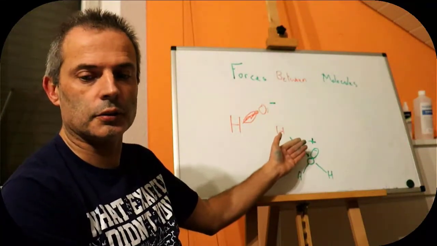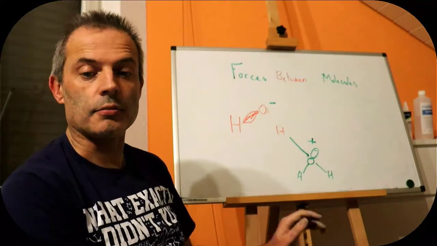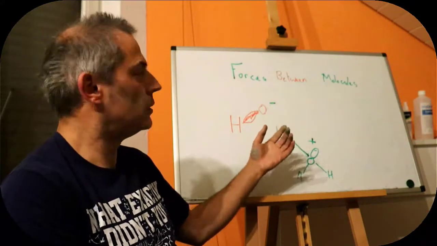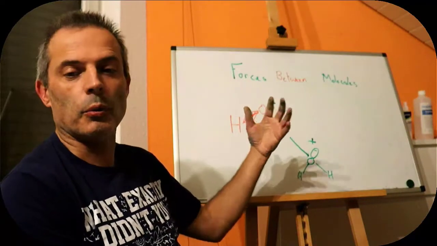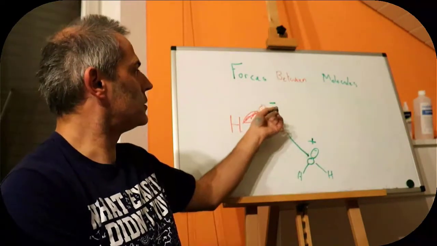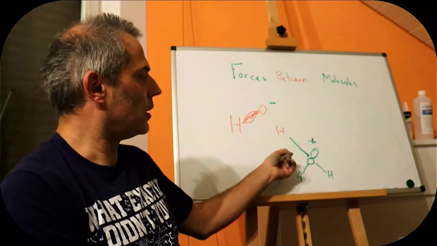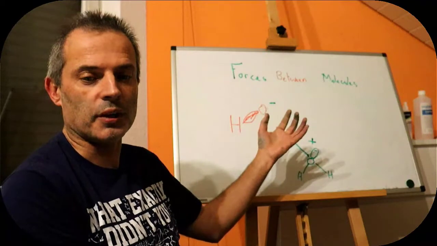Obviously it's going to move closer to here, and we've formed an H3O+, and we've also formed an OH- because we've stolen the hydrogen but we haven't taken its electrons, so that's now become negative. So we formed an H+ and an OH- effectively.